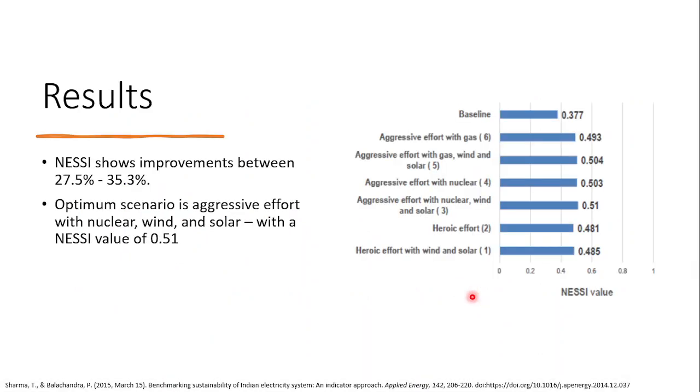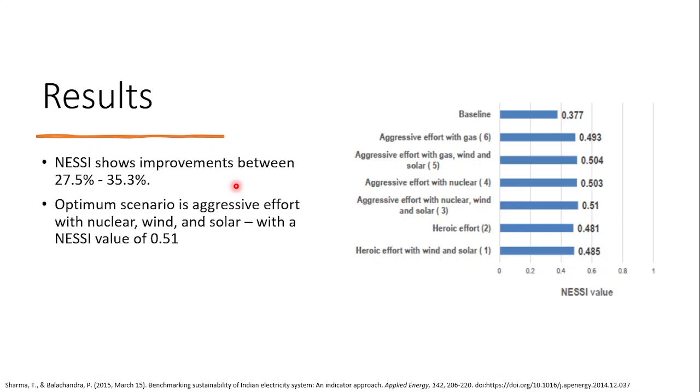Okay, so these are the results that they obtained for the future energy system. As you can see, the baseline was 0.377, and with aggressive effort with gas turbine, they reached up to 0.49, whereas with aggressive effort with nuclear, wind and solar, they reached up to 0.51.